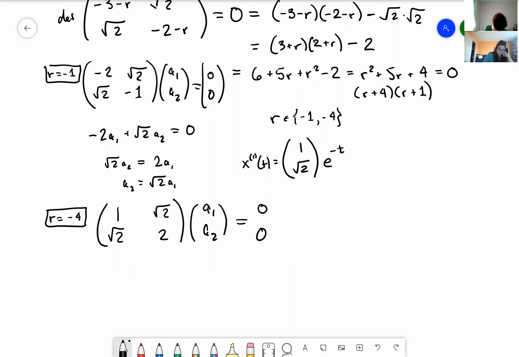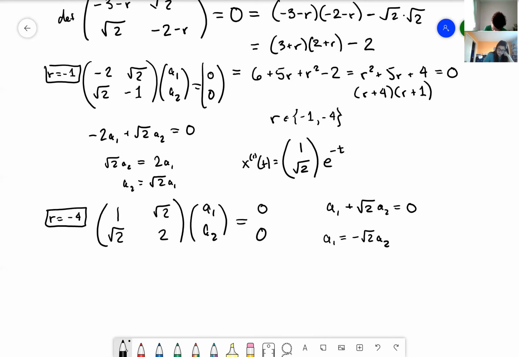And so from this we get A1 plus square root of 2 times A2 equal to 0. And so in this case, I'll make A2 be my arbitrary thing. So A1 is equal to negative square root of 2 A2.